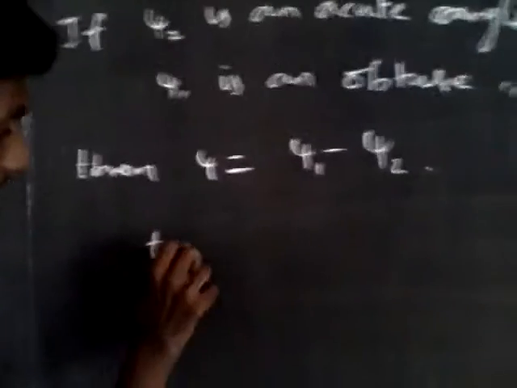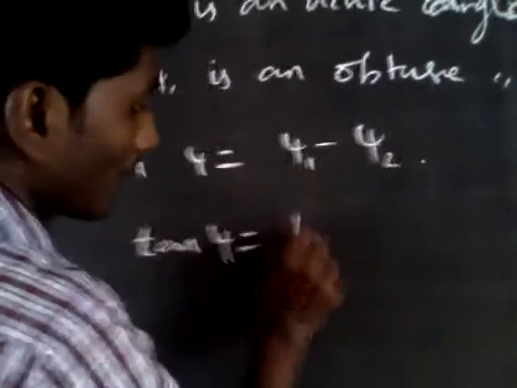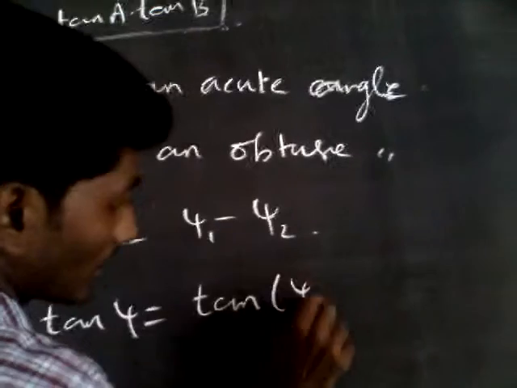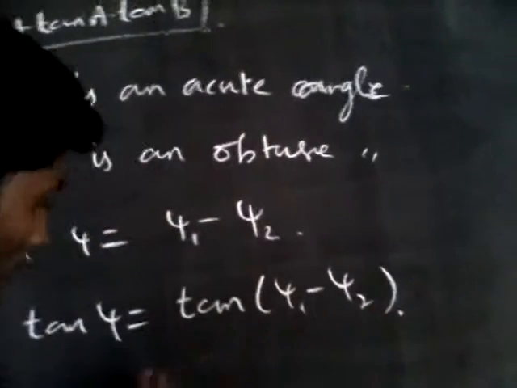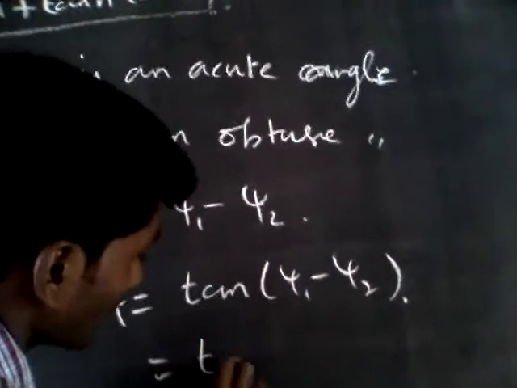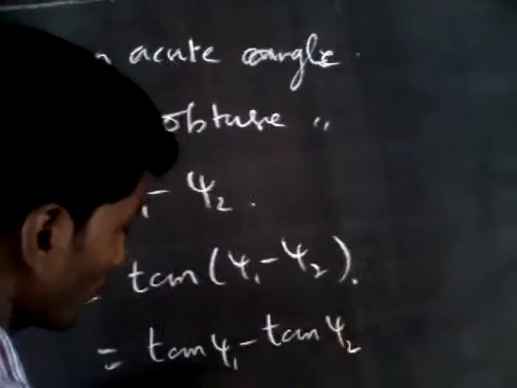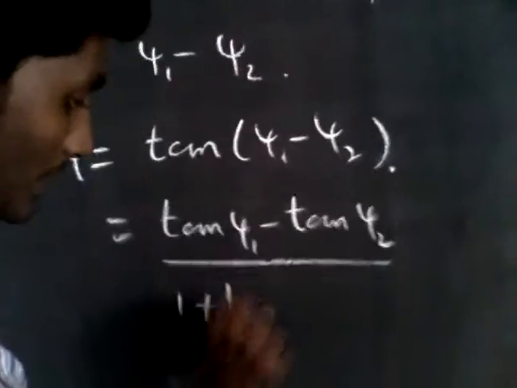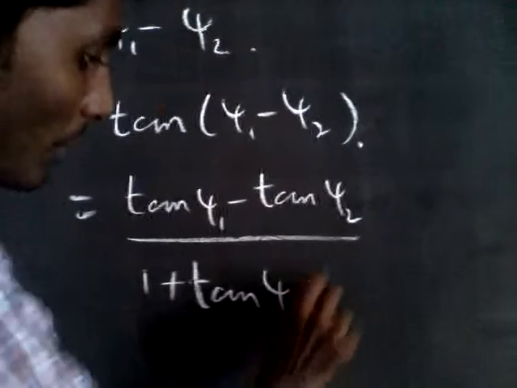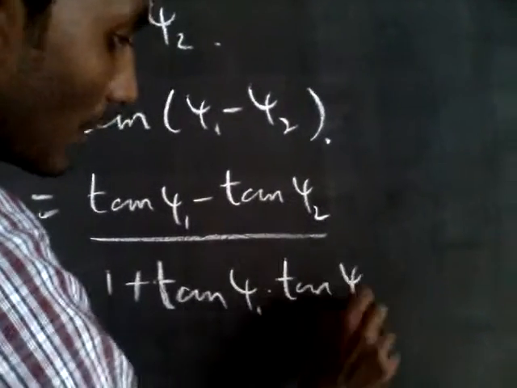So tan psi is equal to tan of psi1 minus psi2. Using the same trigonometric formula, tan psi1 minus tan psi2 divided by 1 plus tan psi1 into tan psi2.